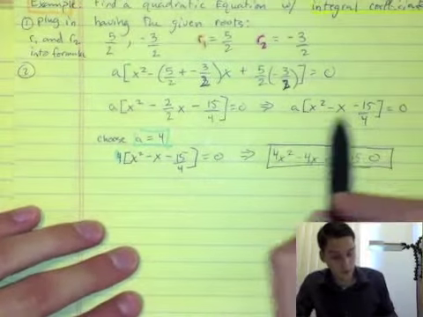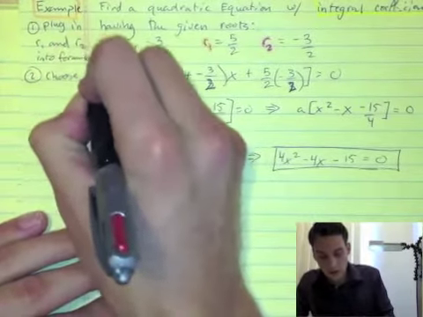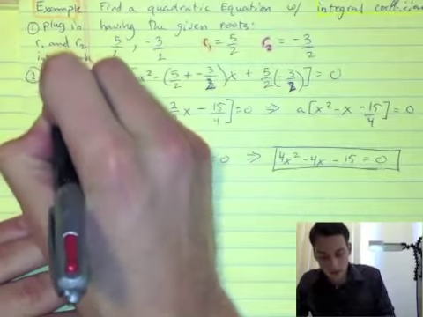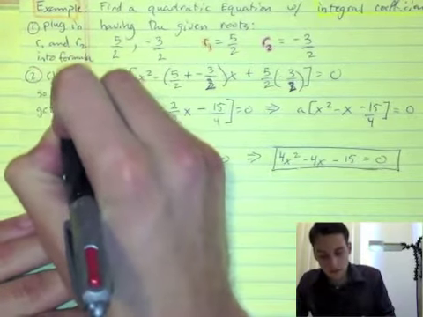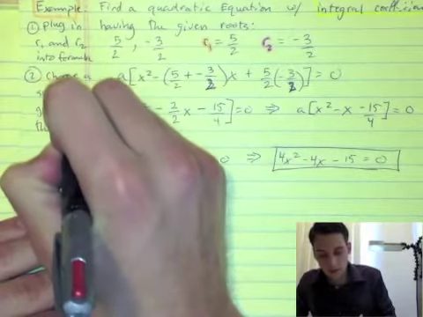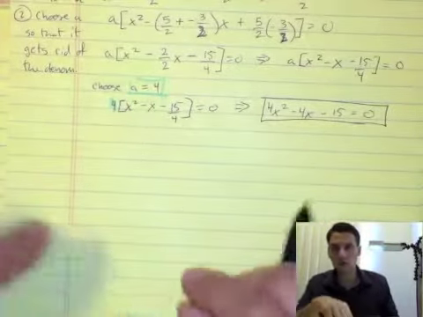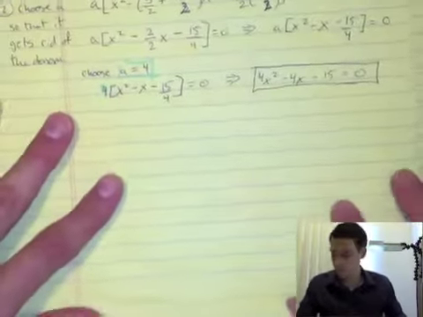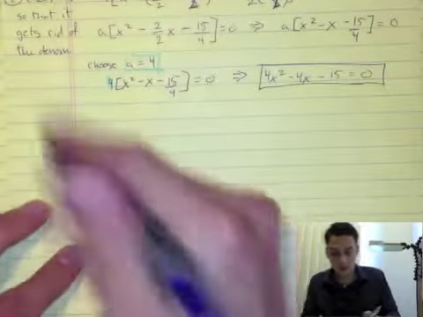That's what we did here. Choose a so that it gets rid of the denominator. So choose your a. And that's all there is to that example. So moving on to the next one.